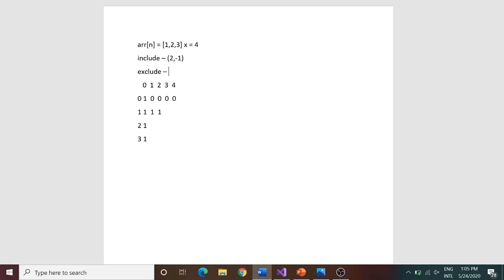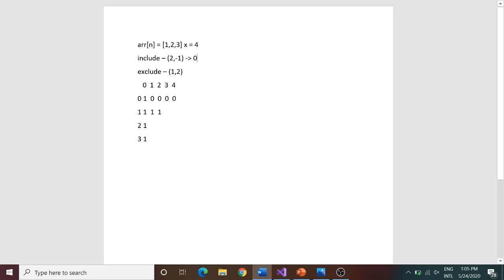But if you exclude the element, you would be saying, okay, I am left with all of my amount, but I wouldn't be making use of this index. Just tell me in how many ways can I make the same amount with the remaining elements. So do you have such a subproblem in your matrix? No, you do not have it. And the answer to this is, first of all, it would be 0.